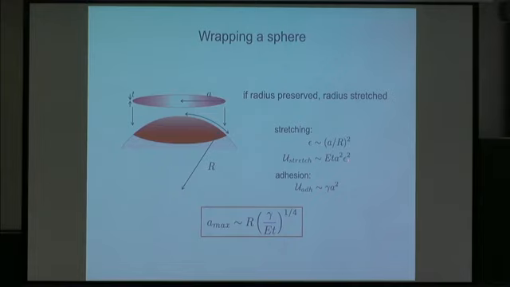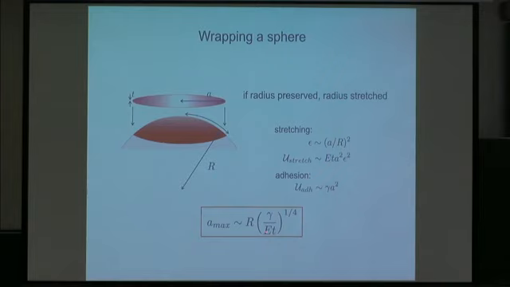Okay, and you balance this. You balance this stretching energy with the adhesion energy, which is simply the surface tension of the liquid, or the adhesion energy of your adhesive, times the area of contact. And you end up with this typical area where the two things balance, which is proportional to the radius of curvature of the sphere and to a non-dimensional number, which is the ratio of the surface tension of the liquid, or the adhesion energy of the adhesive, divided by the stretching modulus of the sheet.